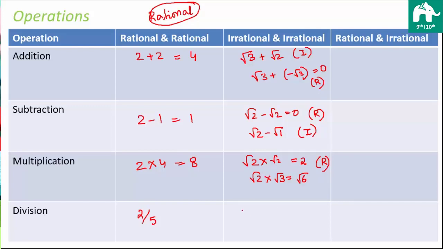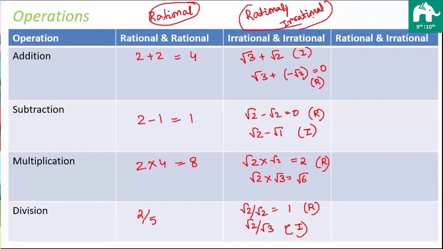Similarly, if we talk about division, root 2 by root 2 will give 1, which is a rational number. But root 2 by root 3 is an irrational number. Right? So in these cases, whenever we are doing these operations between two irrational numbers, we notice that the output may be rational or irrational. So both the possibilities are there.